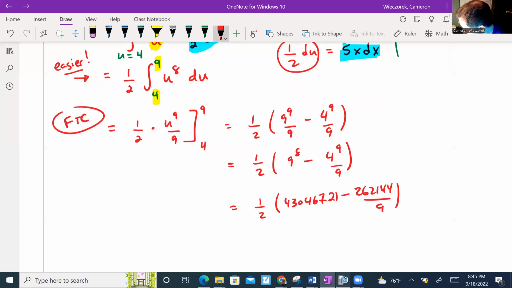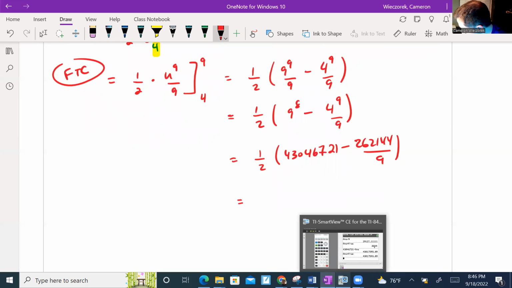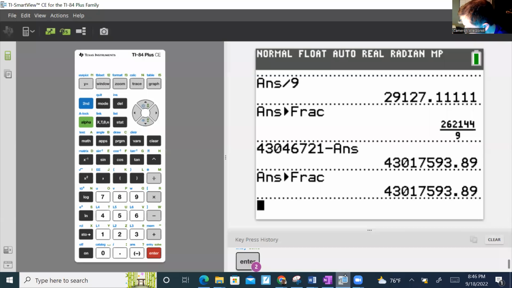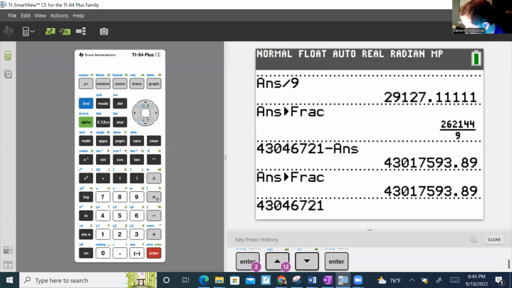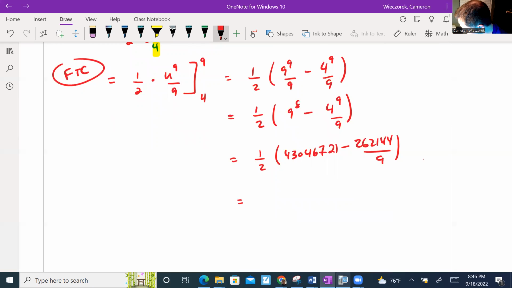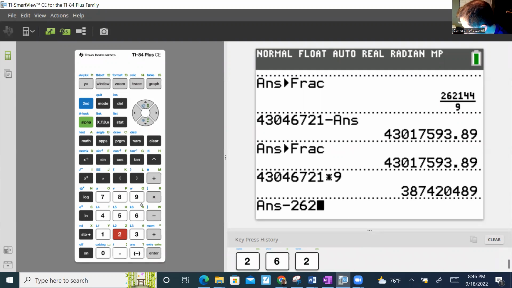Not the most clean answer, but if we multiply this by 9, this might be the best way to go. There we go. Minus 262,144.